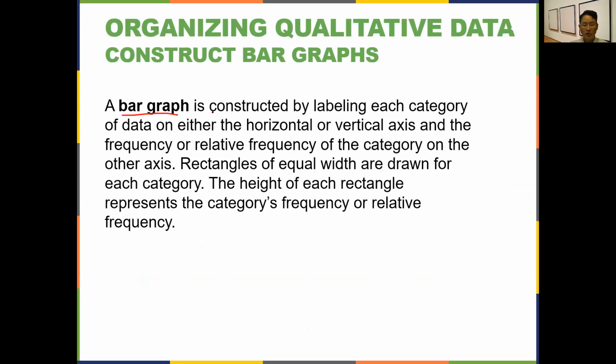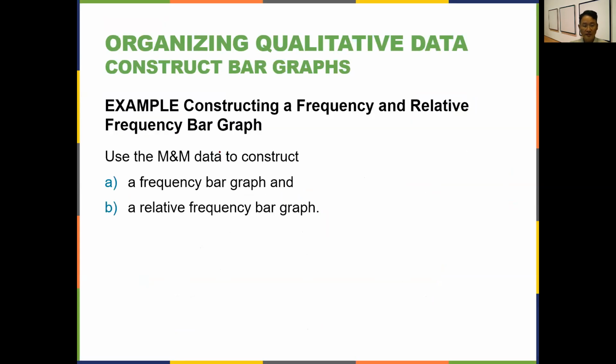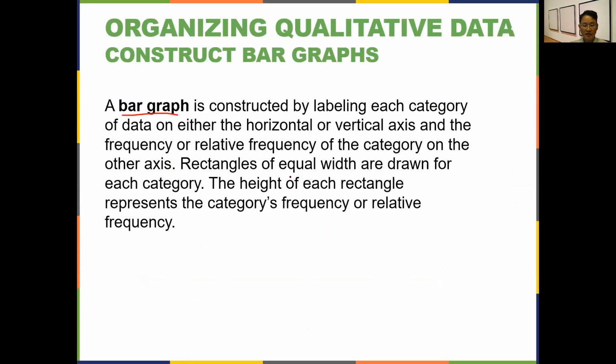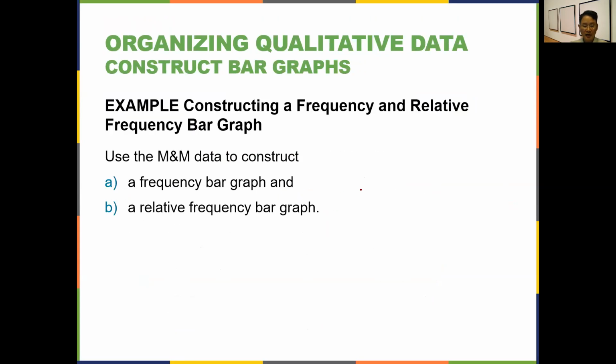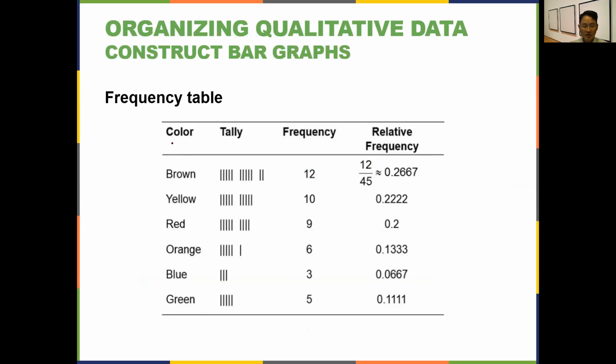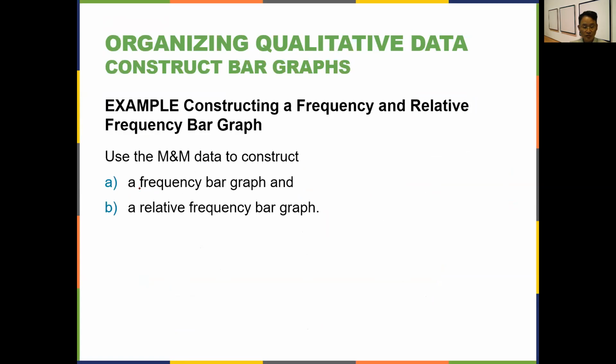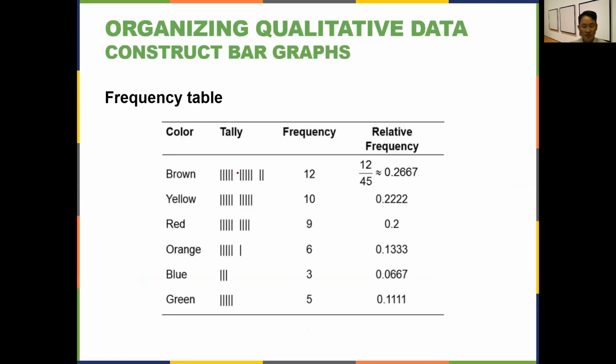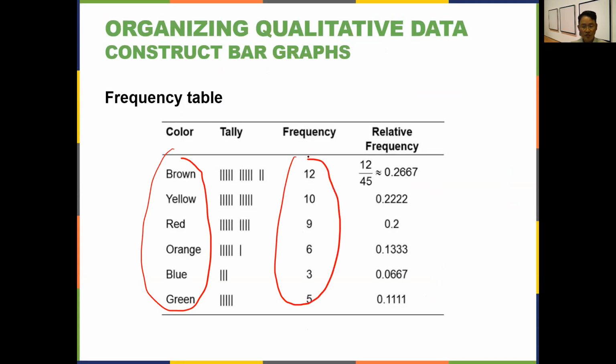If I show you the bar graph for this M&M color, it's going to be even easier. Remember that M&M color table? Now you are going to build a frequency bar graph. Guess what's going to be in there? Different colors with frequency, of course.